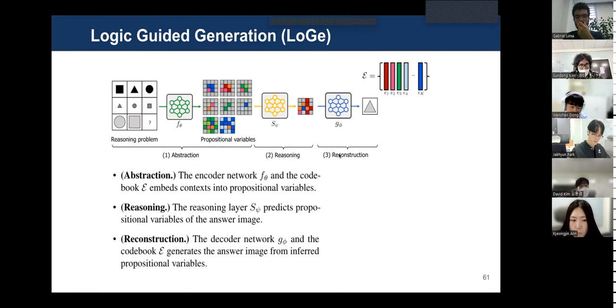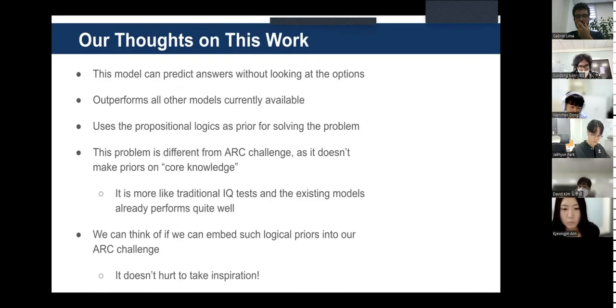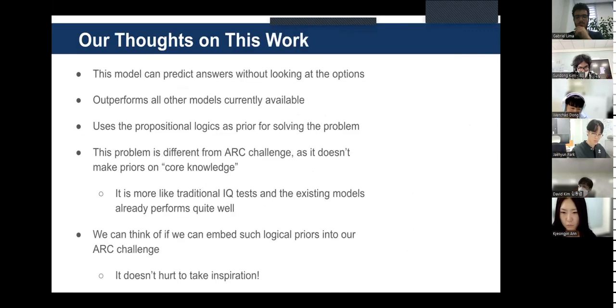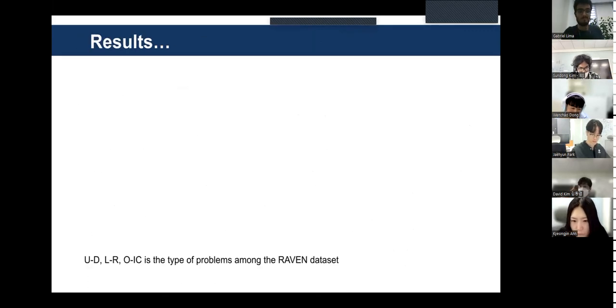I'm not sure why my image is not showing here, but I guess their results are not very important in this topic. Basically, the result was that they beat every single previous work by a 20% margin, and they far exceeded the expectations of even the authors themselves. So the results were very excellent for this Raven dataset with this approach.